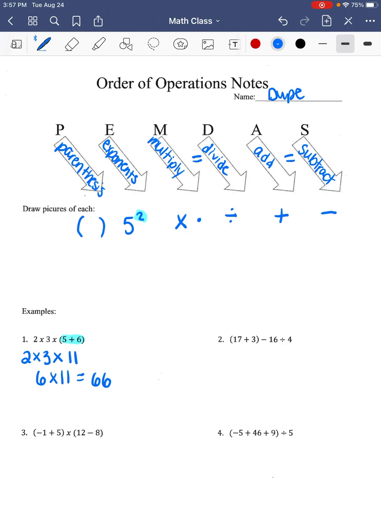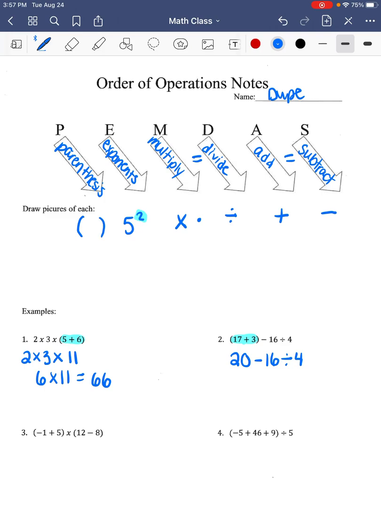So number 2 on your paper, once again, we need to take care of parentheses first. So inside the parentheses is 17 plus 3. So first we're going to do 17 plus 3, which is 20. We're going to bring down our minus 16 and divide it by 4. The next thing that we need to do is divide.